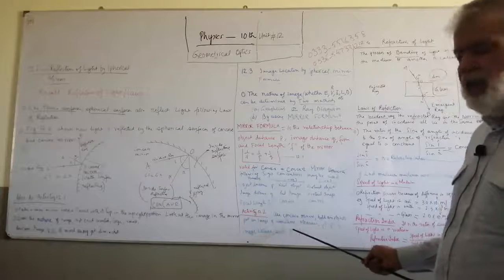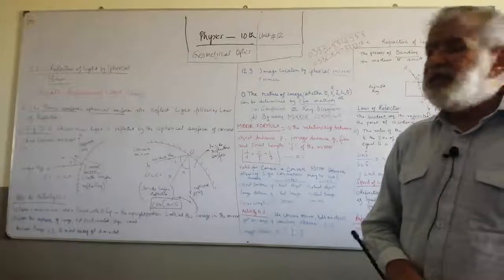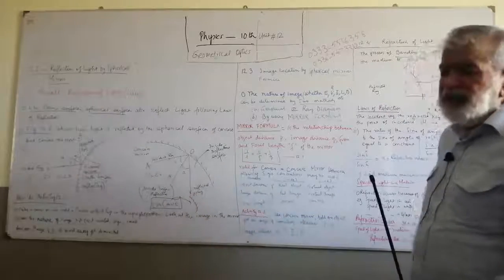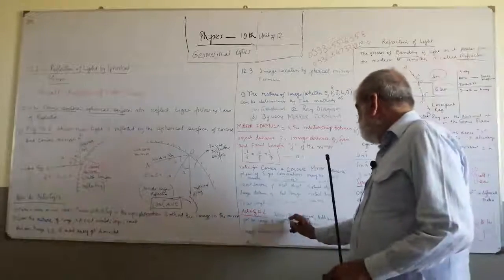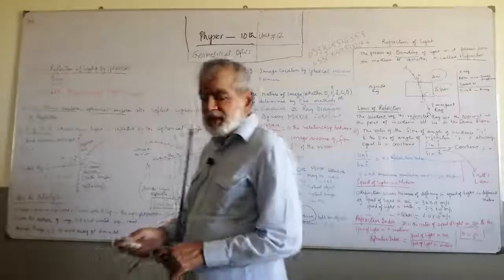Is it real, inverted or diminished? You have to find it out. This is activity 12.1, which concerns the concave mirrors, and this concerns the convex mirrors.